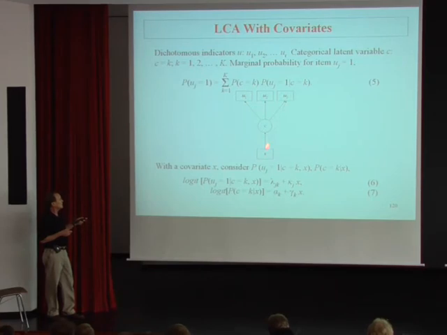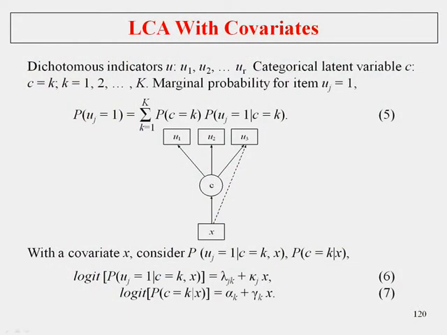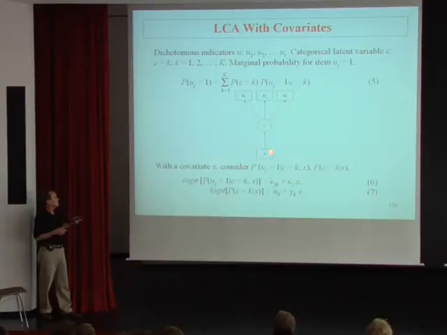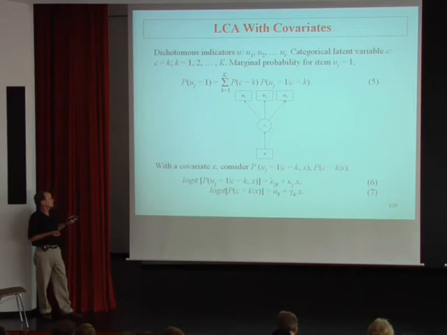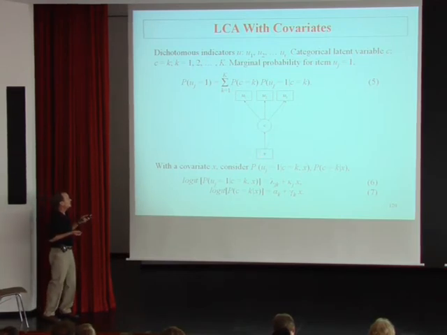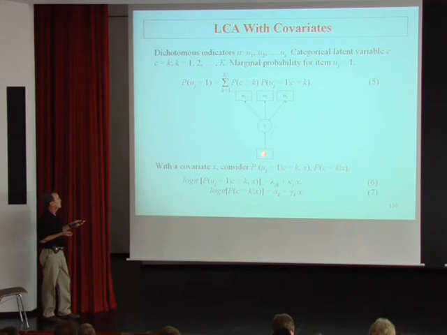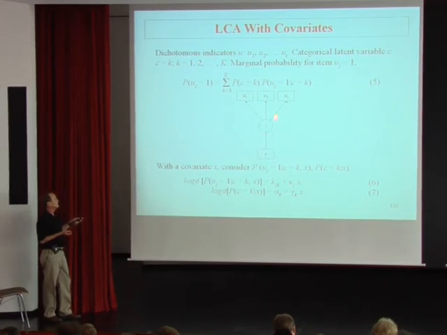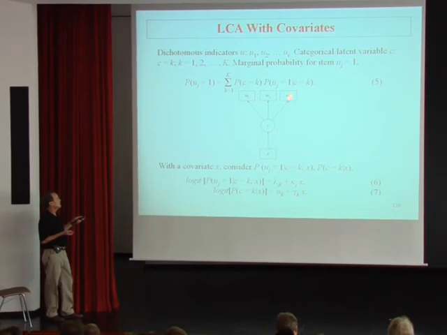If you don't have this direct effect in the model, deciding on the number of classes shouldn't matter whether or not you have X in the model. You should get the same result. But if you have a direct effect here, you would probably get different conclusions on the number of classes if you did not use X versus if you did use X and let X only influence C. So if you have this direct effect and you didn't use X in the model to decide the number of classes, then this relationship would be misspecified.